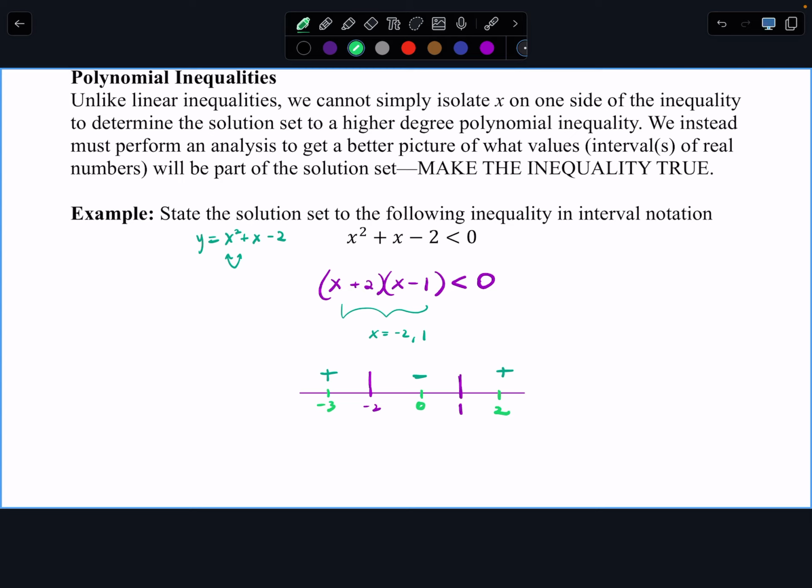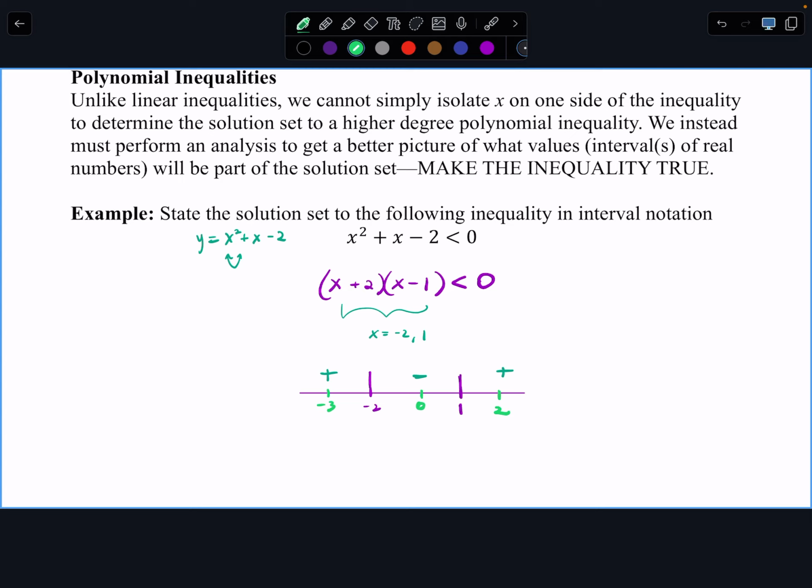We're not done though, because now we have to interpret this analysis line. So what interval or intervals would be part of the solution set based on looking at this analysis line?